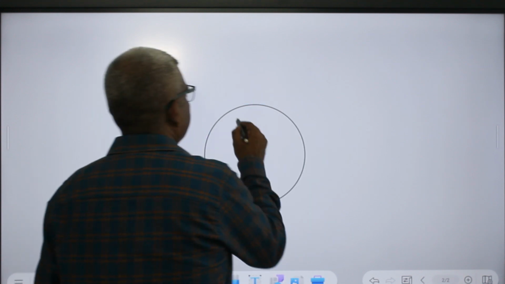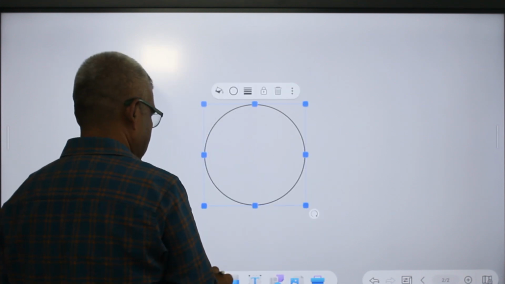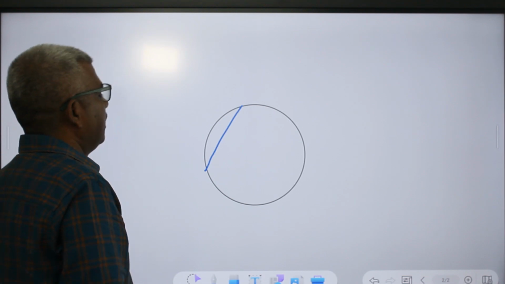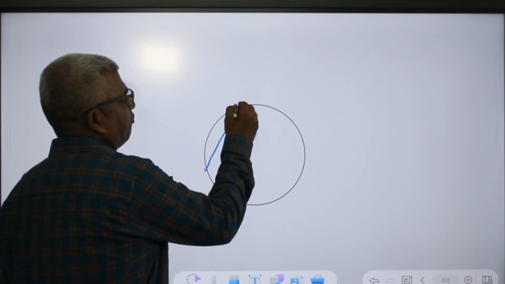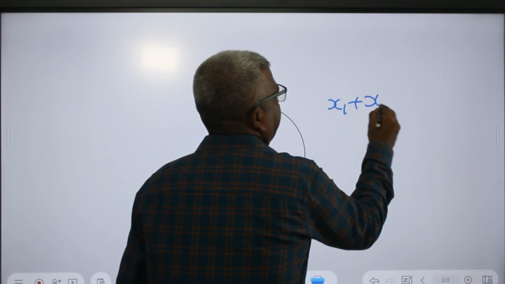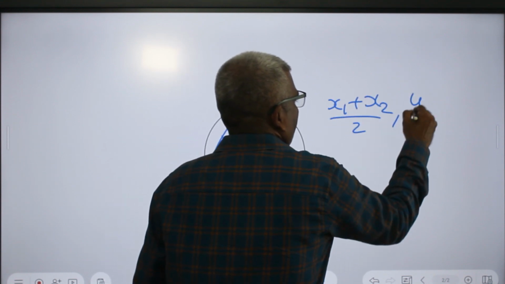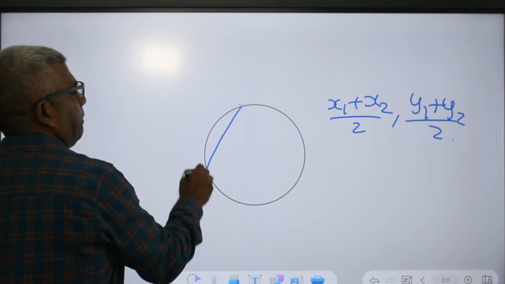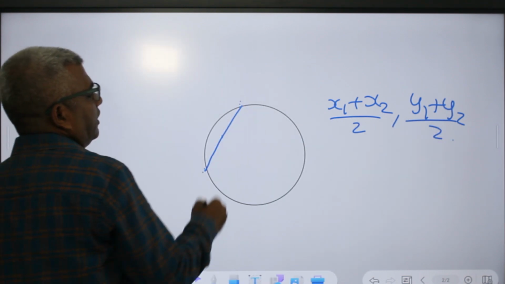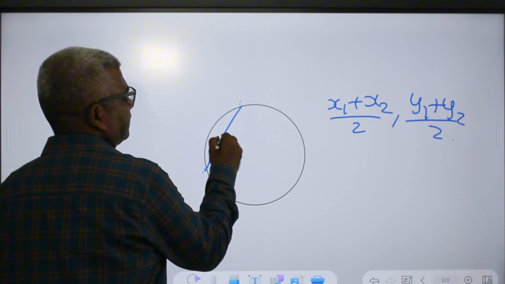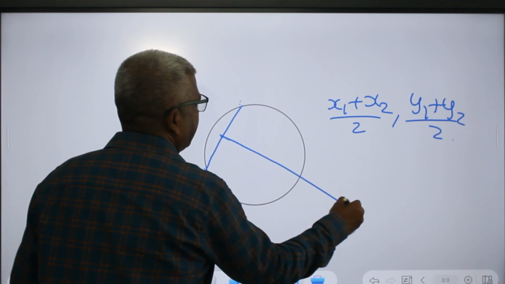Suppose this is the chord. How to find the perpendicular bisector? Find the midpoint. What formula will you use? (x1 plus x2) by 2, (y1 plus y2) divided by 2. Find the midpoint, and from this we get the bisector point.